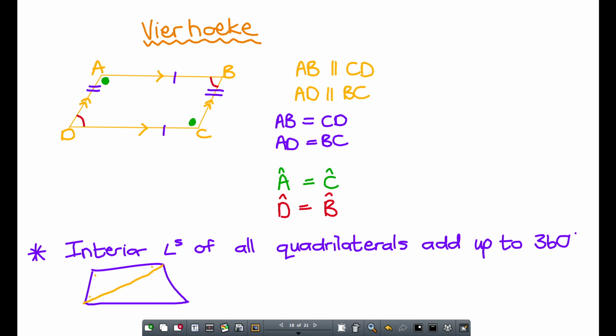Add up to 180, okay? And the interior angles of this triangle add up to 180. And what's 180 plus 180? 360. So that's why the interior angles of any quadrilateral will add up to 360 degrees. Okay. Good, because you're going to need that in the homework.